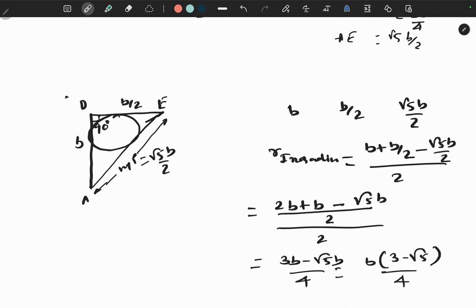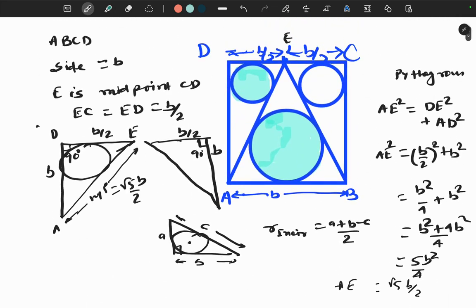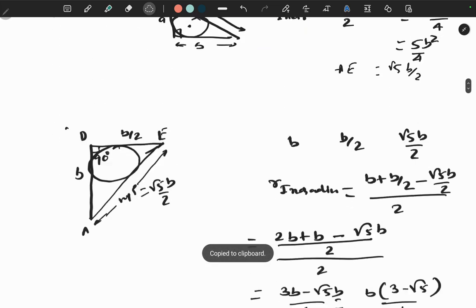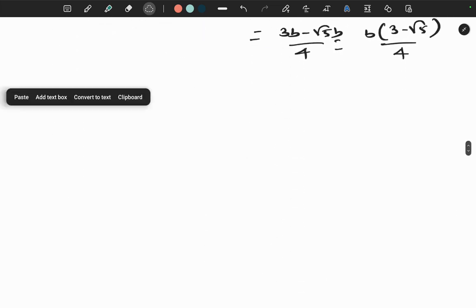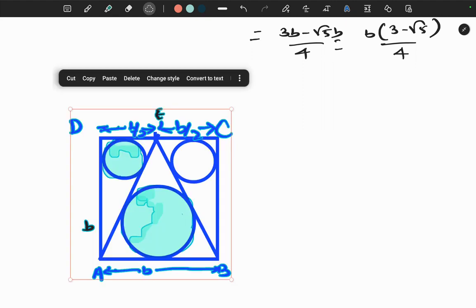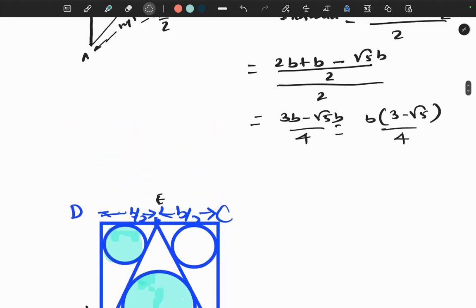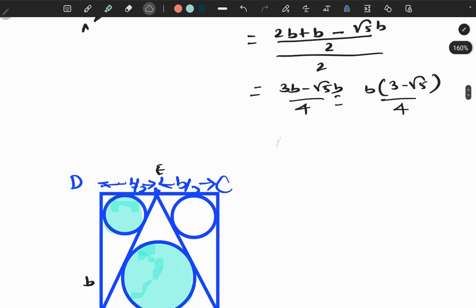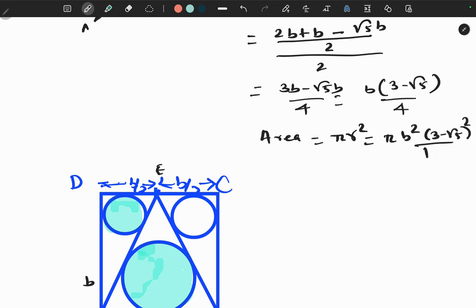So that is the radius of this circle. Similarly, if I get the radius, then I can get the area of this particular circle also. I will just copy this figure and paste it here. The moment I get the radius of the smaller circle, I can find the area, which will be pi r squared, and r is given like this: b squared times (3 minus root 5) whole squared by 16.